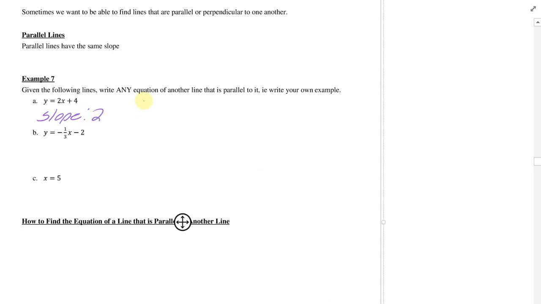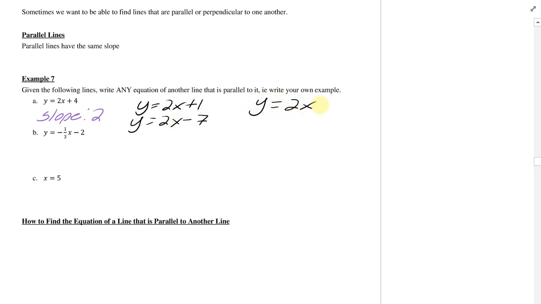So I'm going to show you just a few examples of some equations that would be parallel to y equals 2x plus 4. So here's one. Y equals 2x plus 1. Here's another one. Y equals 2x minus 7. Here's another one.